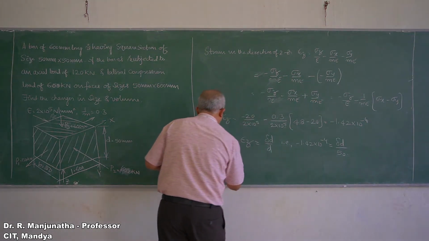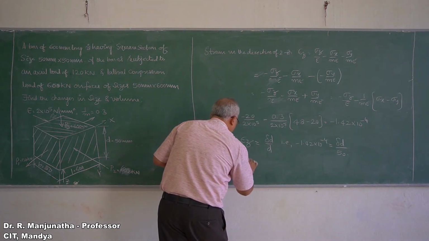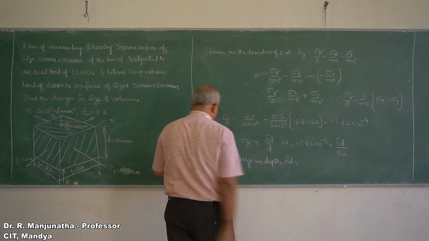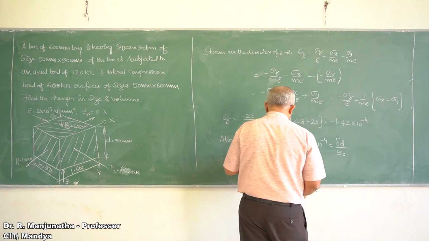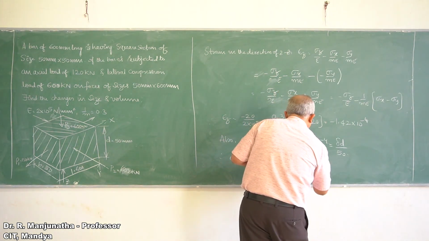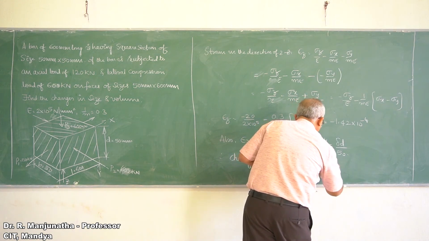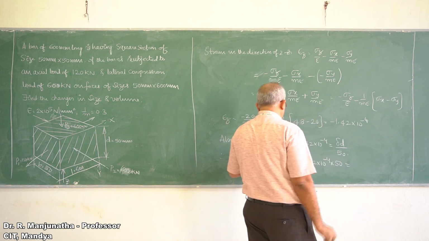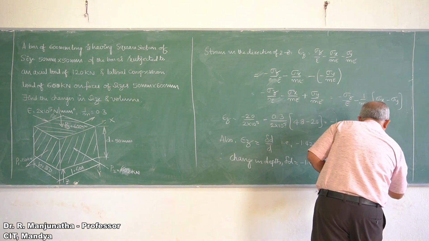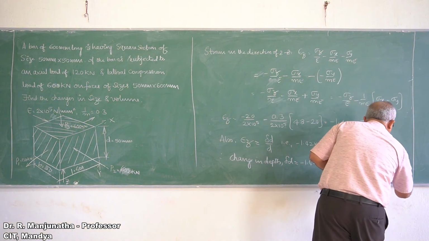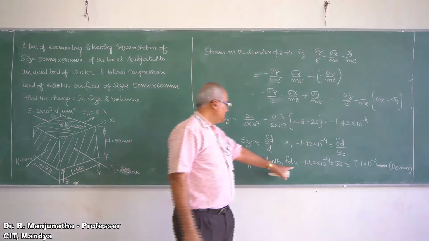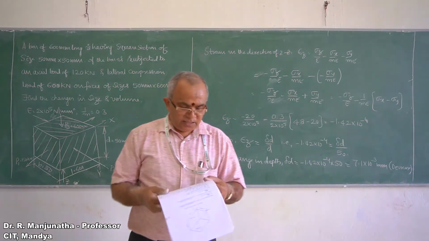Therefore the change in depth, delta d, will be minus 1.42 into 10 to the power of minus 4 into 50, which is equal to 7.1 into 10 to the power of minus 3 mm, which is a decrease in depth, basically because we have a negative sign here. So this is how we find the changes in the lateral dimensions.